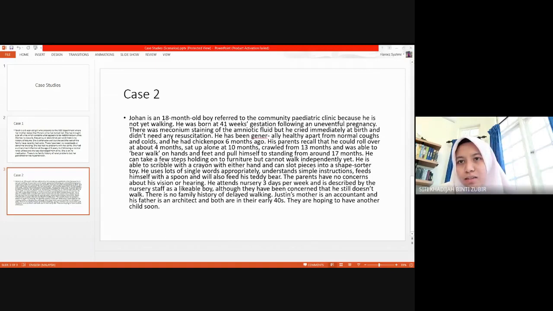He attends nursery 3 days per week and is described by the nursery staff as a likeable boy, although they have been concerned that he still doesn't walk. There is no family history of delayed walking. Johan's mother is an accountant and his father is an architect, and both are in their early 40s. They are hoping to have another child soon.